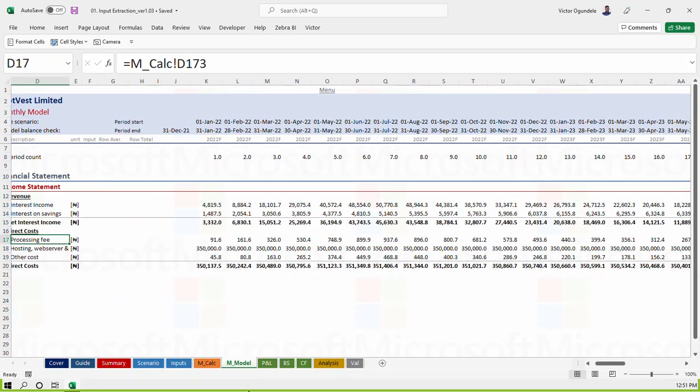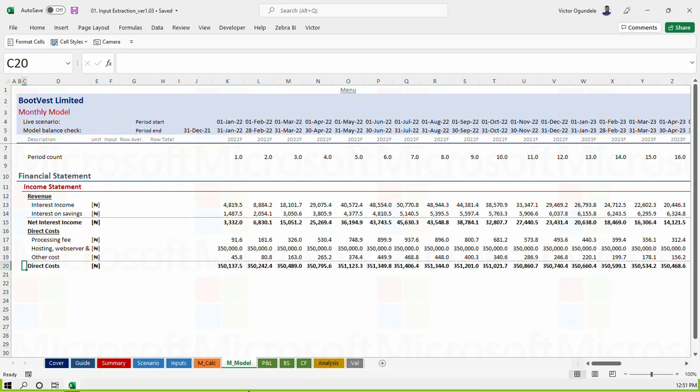But those are the things that will give us guidance into making the necessary adjustments that we need to make.